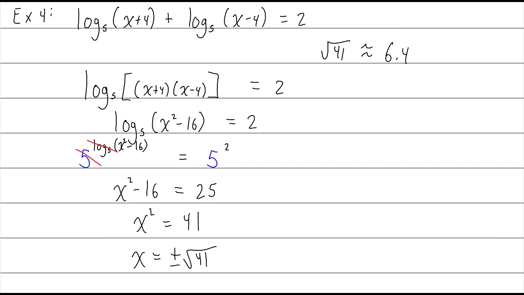Imagine that you plugged in a positive 6.4 here and here. 6.4 plus 4 would be 10.4. That's good. 6.4 minus 4 would be 2.4. That's good. I have positive numbers inside the logarithms. Positive square root of 41 is fine.